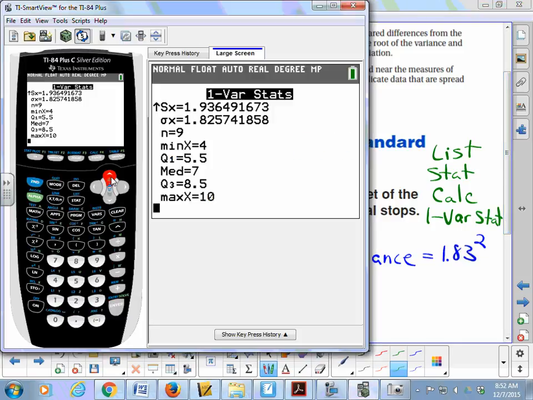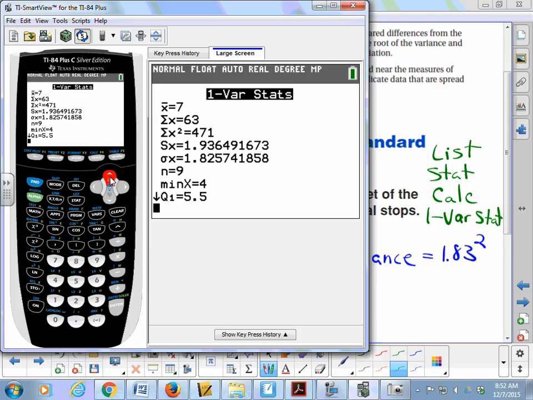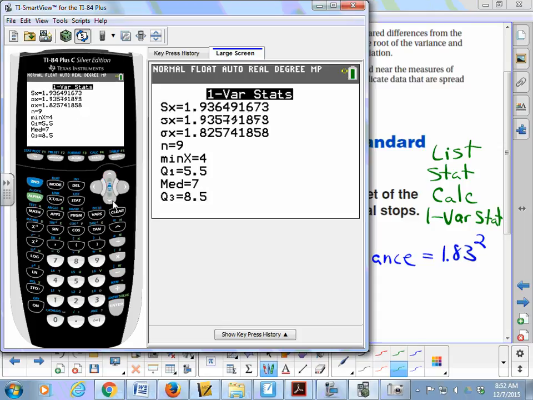At first, this tells us the mean is x bar, sigma tells us the standard deviation, and if we scroll down, we have our 5-number summary: min, max, Q1, Q3, and the median. So a fast way to find them.